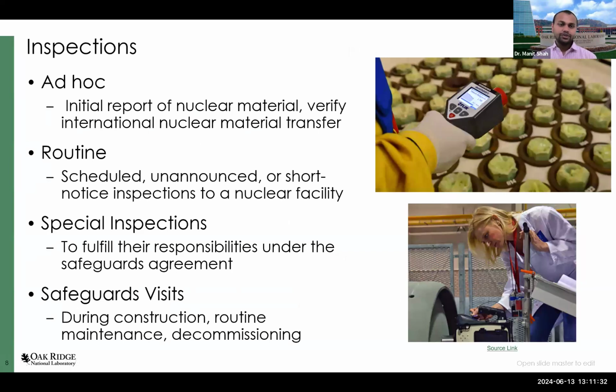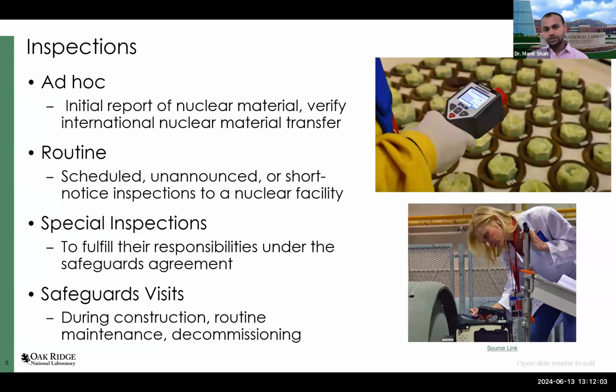And then one of the major aspects under nuclear material accountancy would be the inspections, where the inspectors from the IAEA go and visit the facilities. There are various types of inspections, but essentially they are going and verifying some declaration, and the inspection type is defined by what they are verifying.